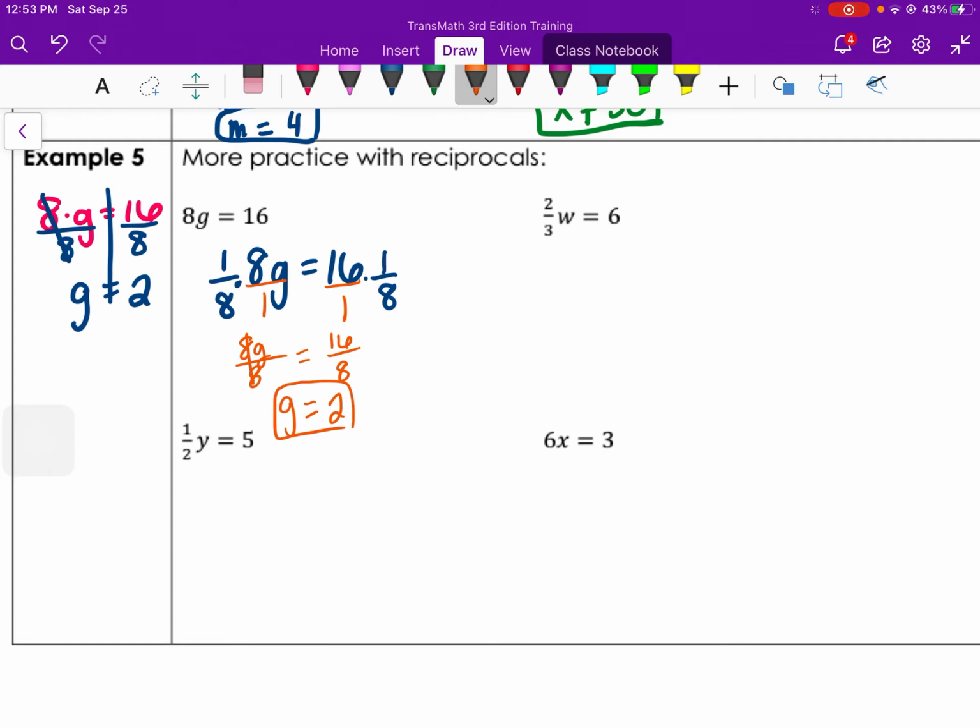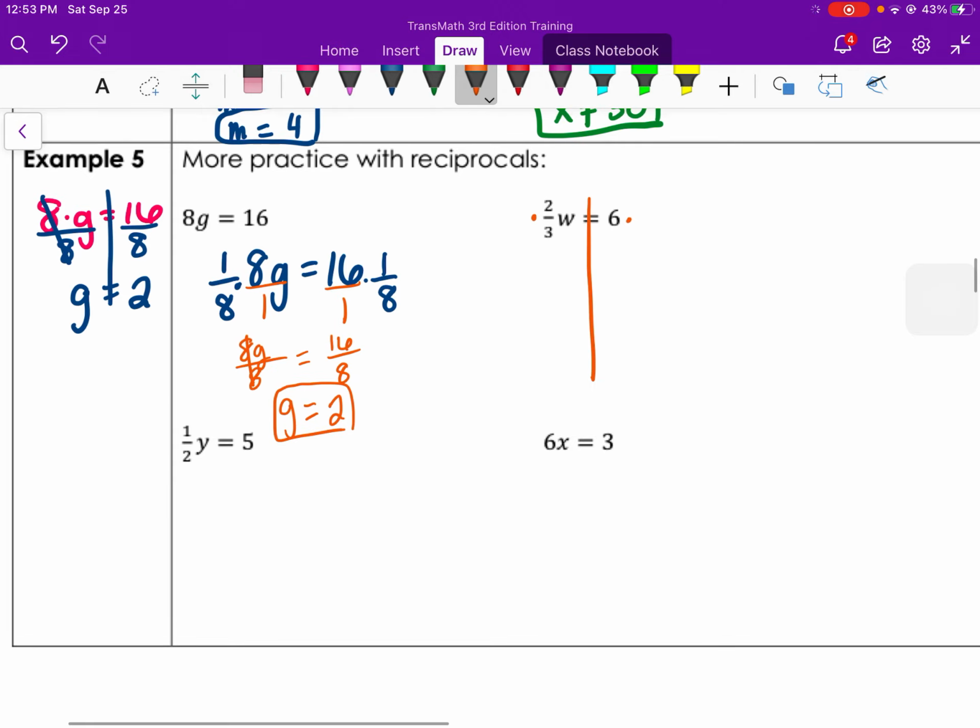The reciprocal idea is really nice for doing this last example where you have 2/3 w equals 6. So in order to get w by itself, you're going to have to multiply both sides of the equation by the reciprocal of 2/3. The reciprocal of 2/3 would be 3 over 2, so flipping it. So then multiply the 6 by 3 over 2 as well.